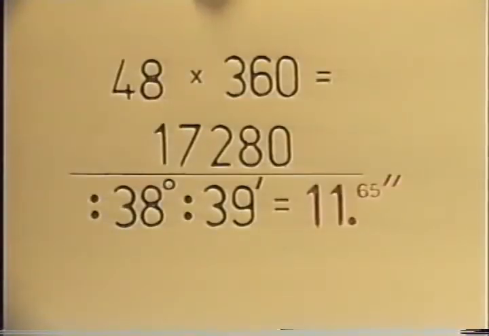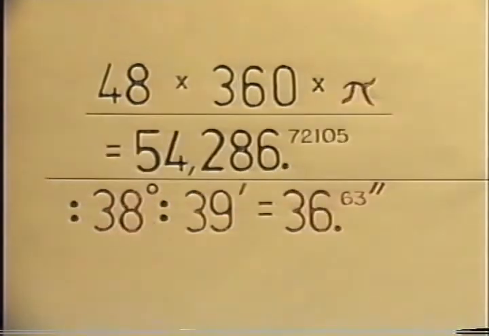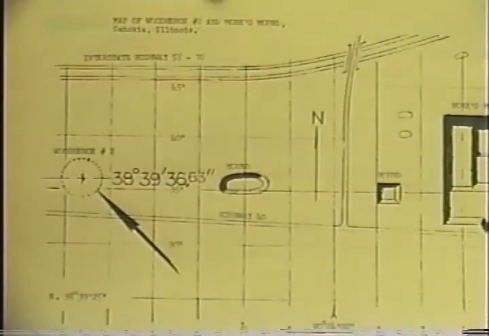Now, if we do not use the pi ratio against Woodhenge's 48 posts, we wind up too far to the south, well clear of everything, barely on the fringe of Cahokia itself. But add in pi, and our parallel crosses right over the center of Woodhenge. And that's why the 48 posts were necessary in the Woodhenge, to show us where it is.